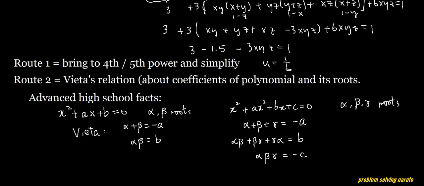You see the signs just alternate. There would be an alternating negative 1 here. Okay, so these are called Vieta's relations.